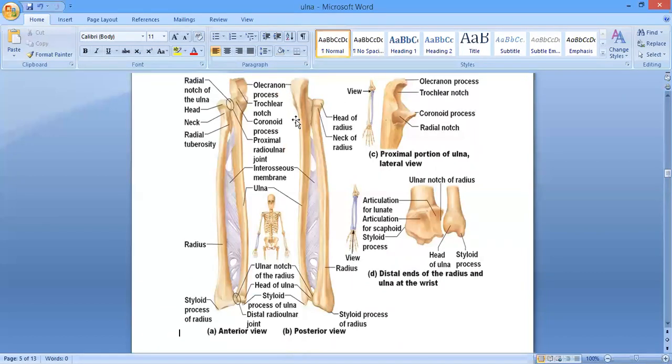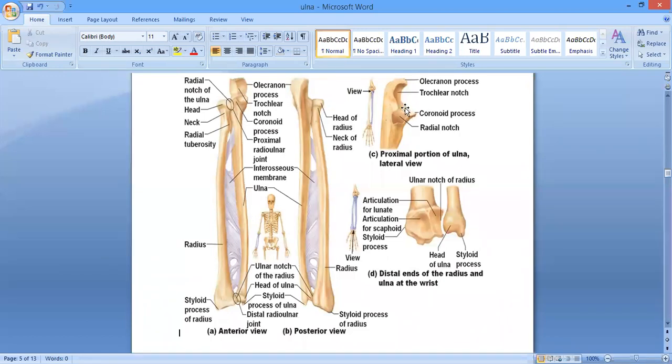Now if you talk about the anterior surface, it is smooth and concave. It is projecting anteriorly, of course, and it is going to form the upper part of the trochlear notch. The whole trochlear notch has its upper part formed by the olecranon and its lower part formed by the coronoid process.